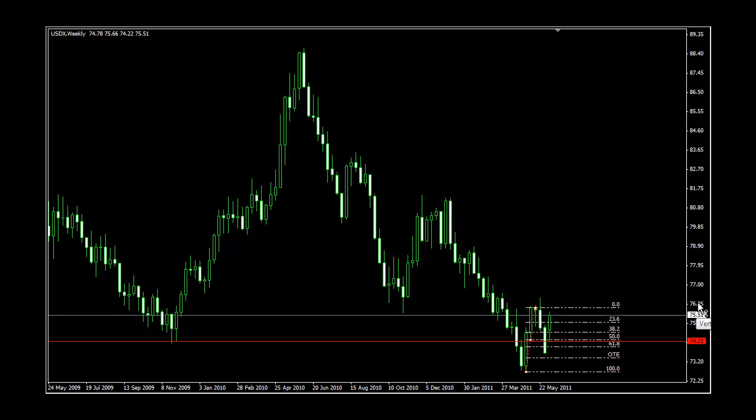looking at the 76 figure as a possible means of upside objective, that would be a few hundred pips in here, a couple hundred pips. Let's drill down to a daily chart.